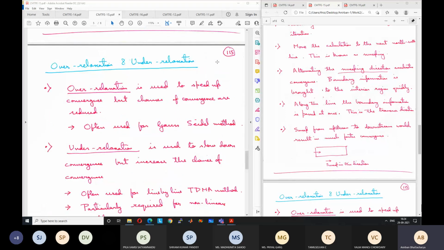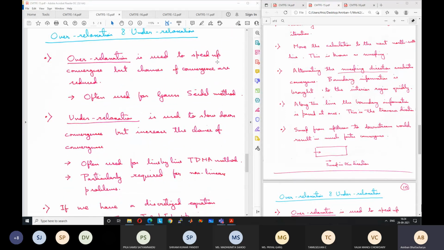So we will now try to understand. We have seen some direct methods and some iterative or indirect methods for solving the equations. For this course, this discussion is sufficient for solving the set of equations. We can use any of these, but generally we prefer TDMA and line by line TDMA.